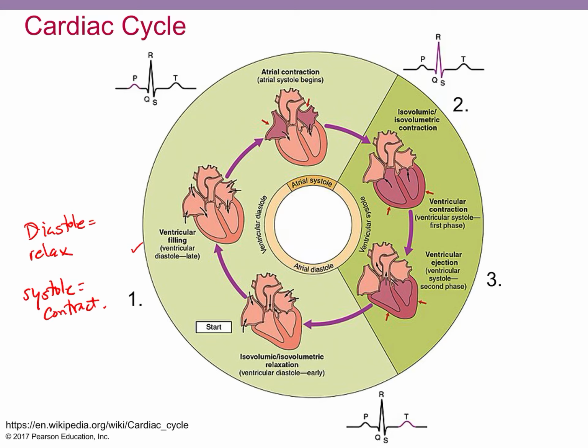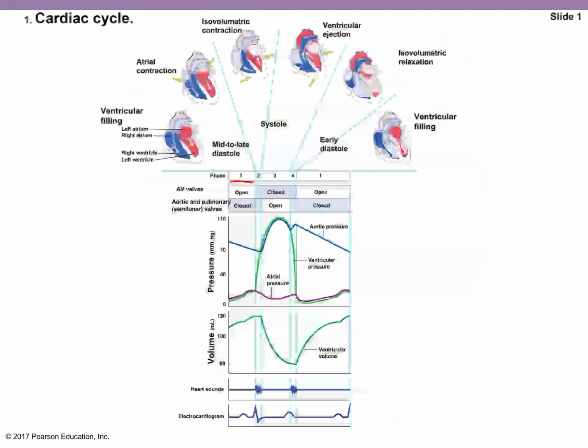Blood flows into the left atrium from the pulmonary veins. And during this time, the AV valves are open. So you can see the blood is coming in, the AV valves are open, but the semilunar valves are closed, right? So the semilunar valves are not going to be open because we want the blood to fill those chambers. So phase 2, all right, so we have filling.